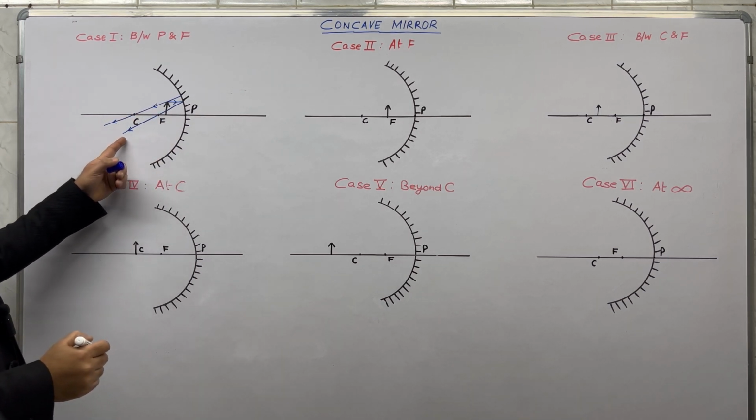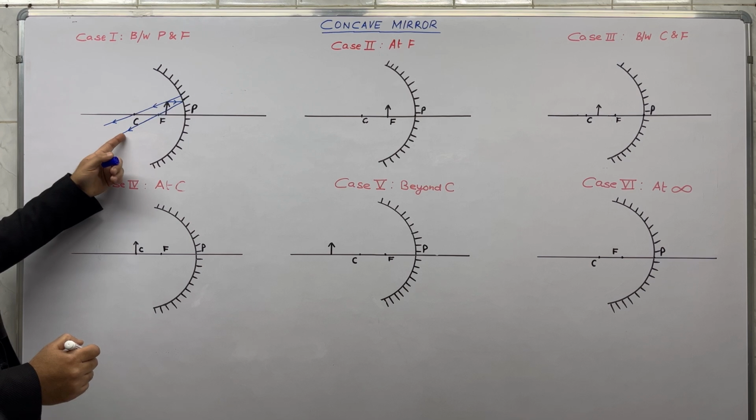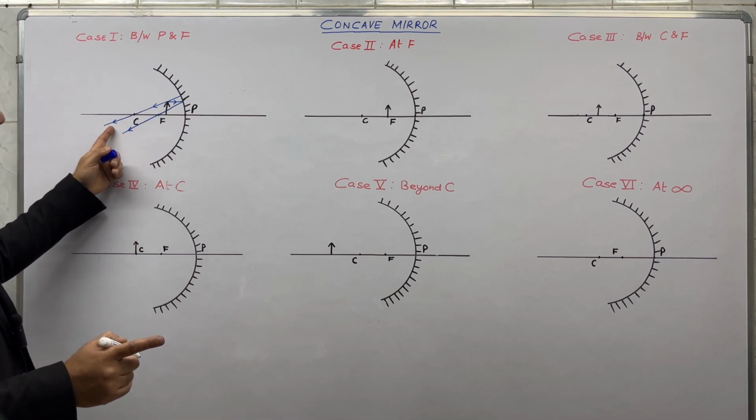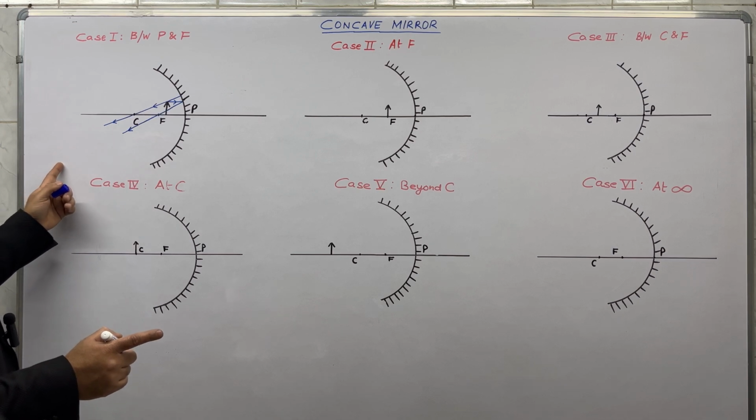Now, as you can see, these two rays, which are reflected rays, are diverging, and so they are not going to meet anywhere in front of the mirror.